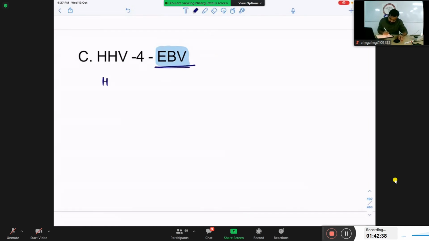One is hairy leukoplakia. Epstein-Barr virus, HHV4, is an oncogenic virus.